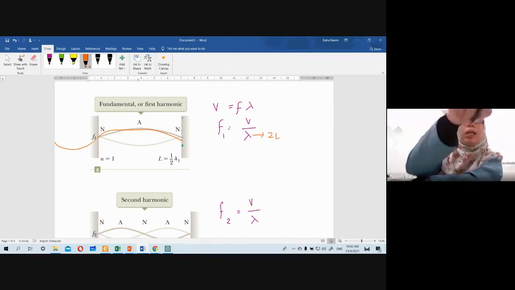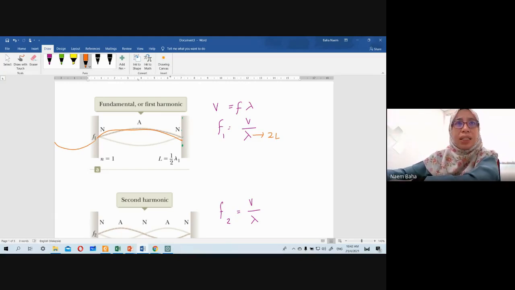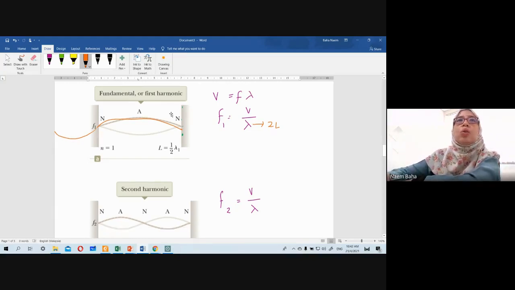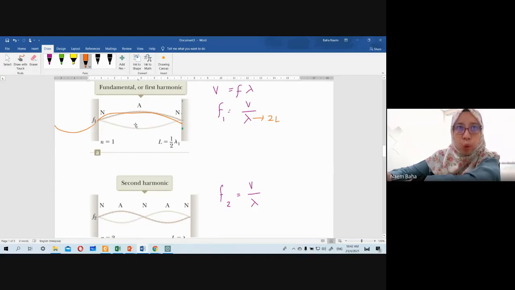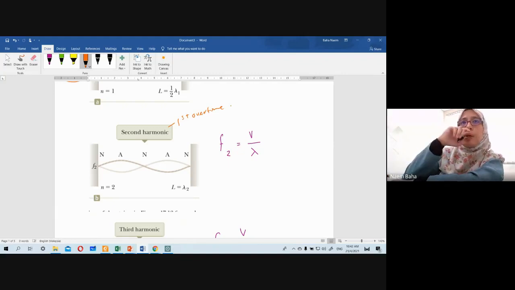You only see 1 cup, so that's the reason why the lambda is now 2L. Now, as you observe, this is F1, first harmonic or fundamental. This is second harmonic, or sometimes we call it first overtone, but probably would not be used in this textbook. Second, because we have 2 segments here, 2 loops here.